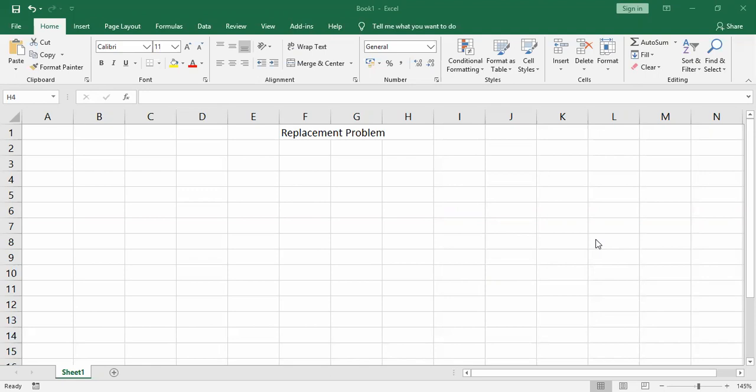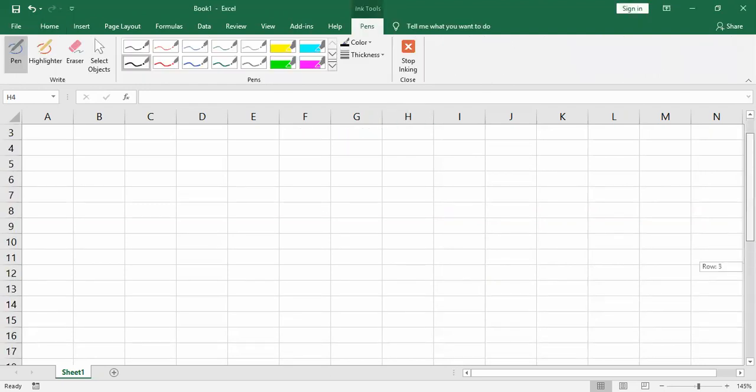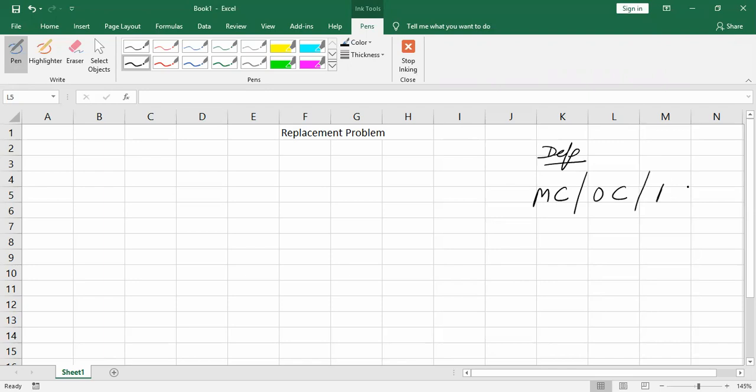Basically, there are two types of cost involved with that machine. Number one is depreciation. I will write it over here. Number two is maintenance cost, or we can say operating cost, or running cost.